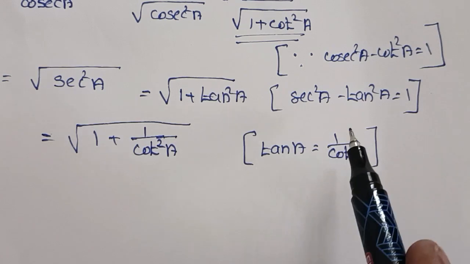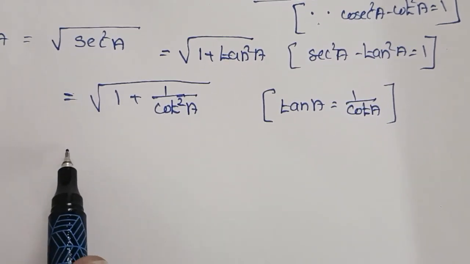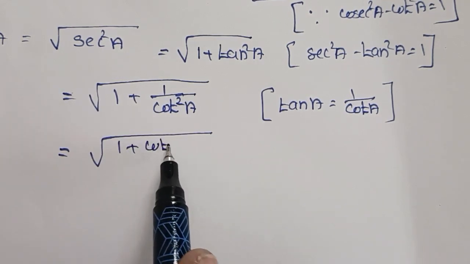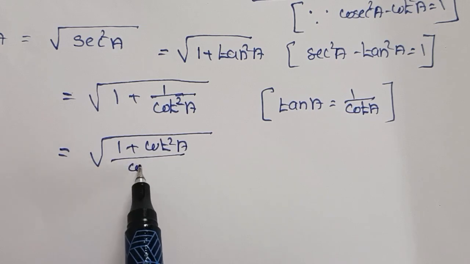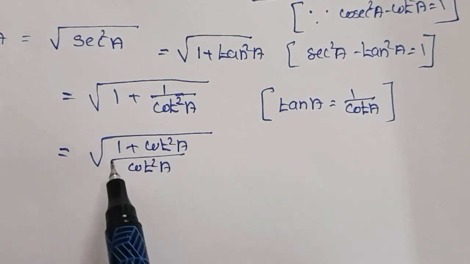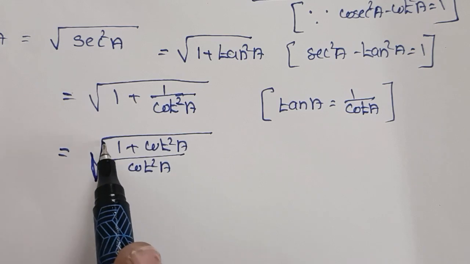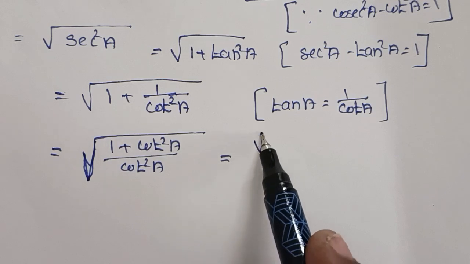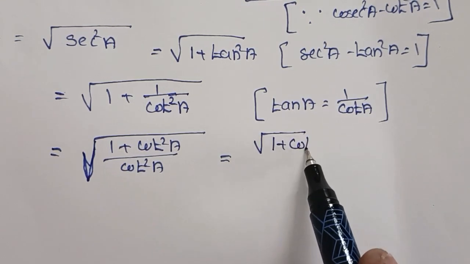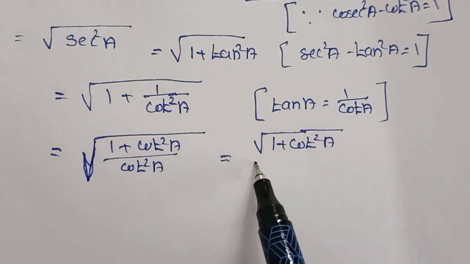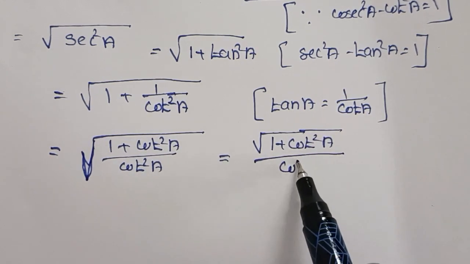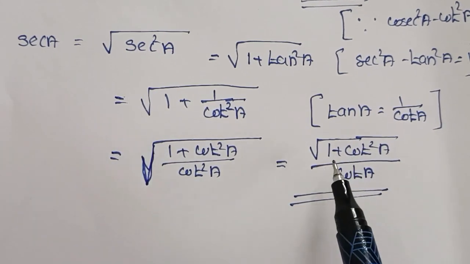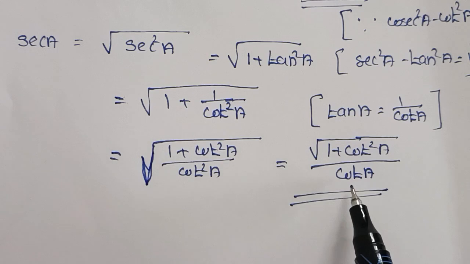So, we can write tan A as 1 by cot A. By taking LCM, we get square root of 1 plus cot square A divided by cot square A. Now, by taking square root on numerator, we get square root of 1 plus cot square A divided by square root of cot square A equal to cot A. So, second answer, sec A equal to root of 1 plus cot square A by cot A.